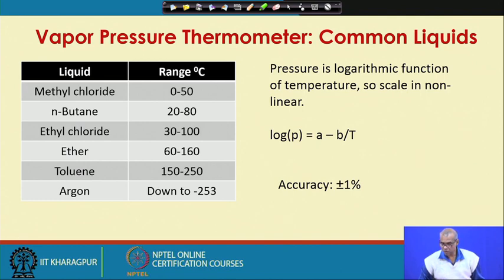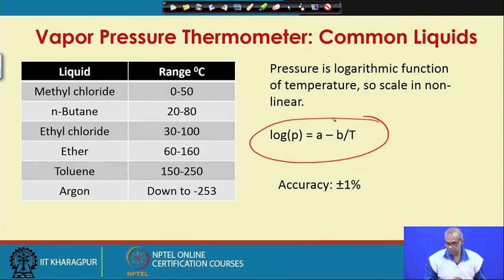Pressure is a logarithmic function of temperature, so the scale is non-linear. A typical relationship of vapor pressure with temperature is log P equal to A minus B by T. So, a non-linear relationship is indicated and the calibration curve will be nonlinear. Accuracy is about plus minus 1%.